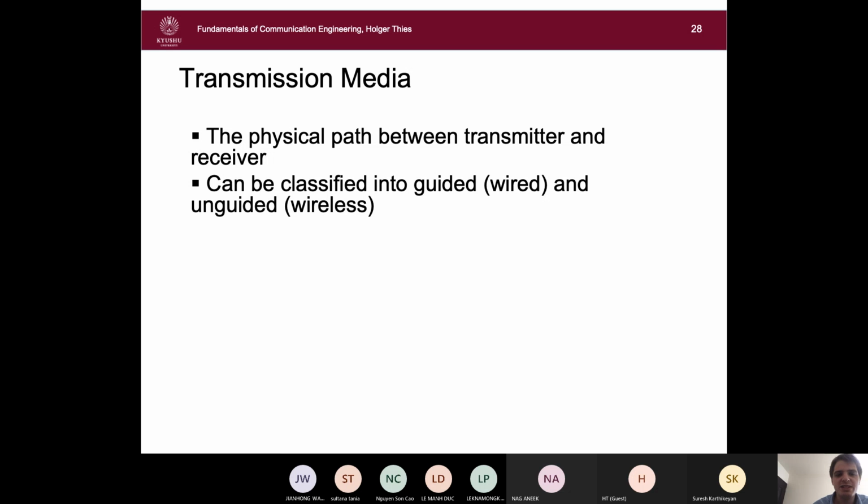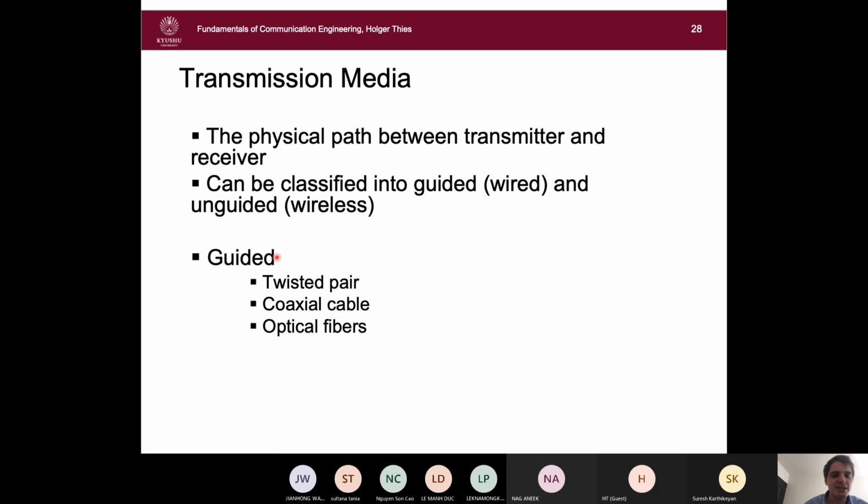It can usually be classified into two types. One is a wired channel, which is sometimes also called a guided channel, and the other is a wireless or unguided channel.